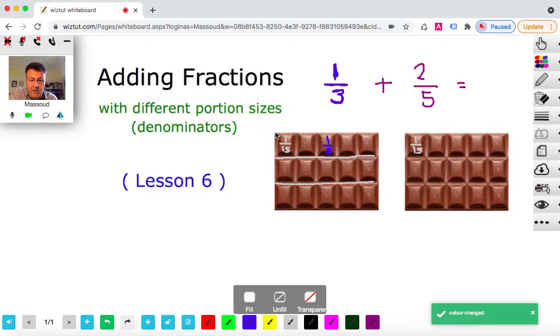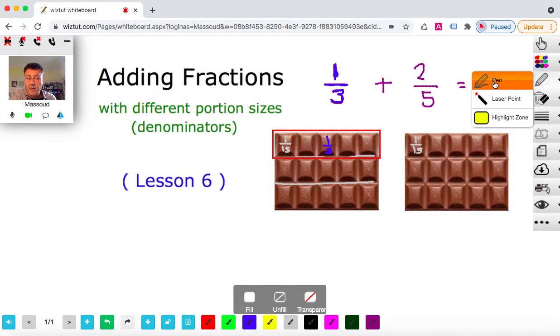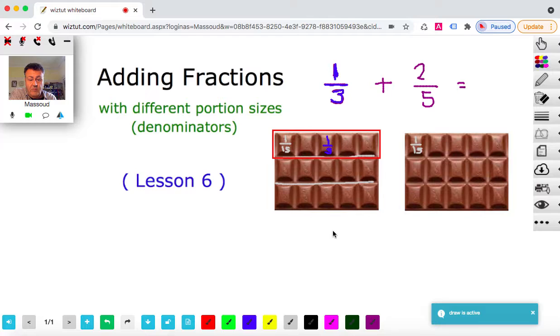That piece there is a third. One of these small pieces here is a 15th, but the whole section is a third. So as you can see, 1, 2, 3, 4, 5. 5/15ths is the same as a third. And so I'm going to just write it here. So 5/15ths is the same as that third.